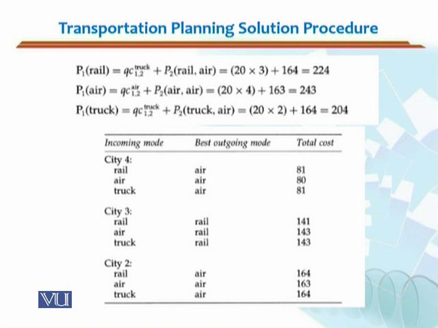So for city 4, if you switch from rail to air, the total cost is 81. If you switch from air to air, the total cost is 80. If you switch from truck to air, the cost is 81. Similarly, the costs for city 3 and city 2 are given.